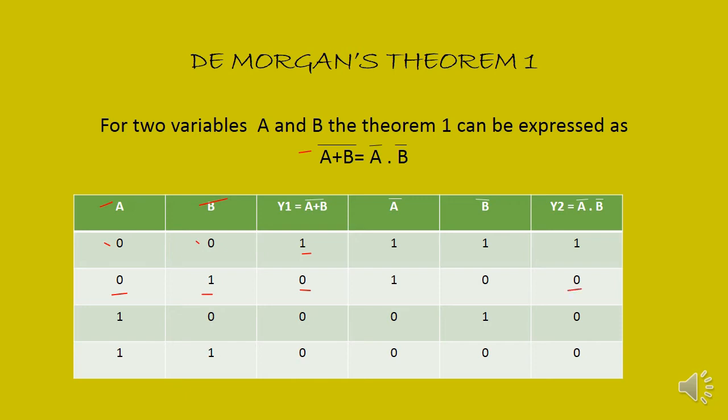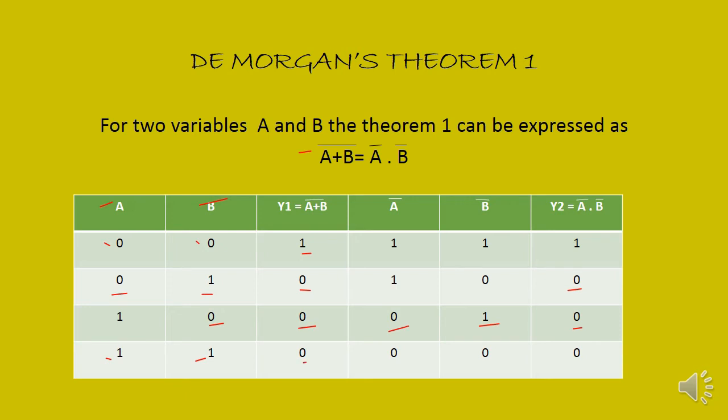Third condition, when A is 1, B is 0: 1 or 0 means 1, the complement of 1 is 0, so Y1 is 0. If A is 1, then A bar is 0; if B is 0, then B bar is 1. So 0 dot 1 we get 0 output, so Y2 is 0. Fourth condition, when A is 1, B is 1: 1 or 1 we get 1 output, the complement of 1 is 0, so Y1 is 0.